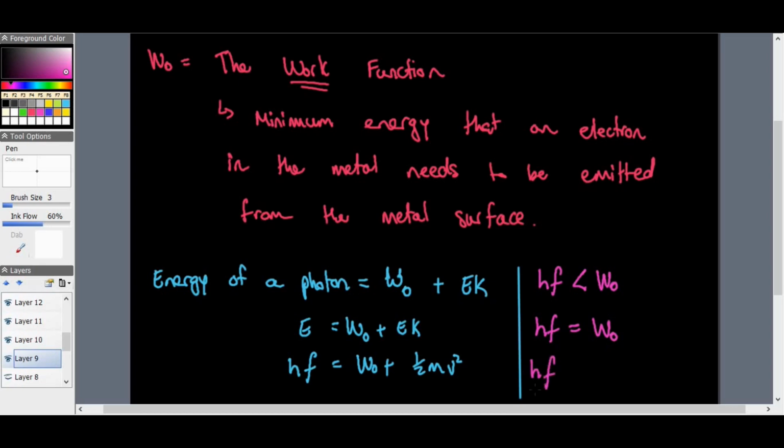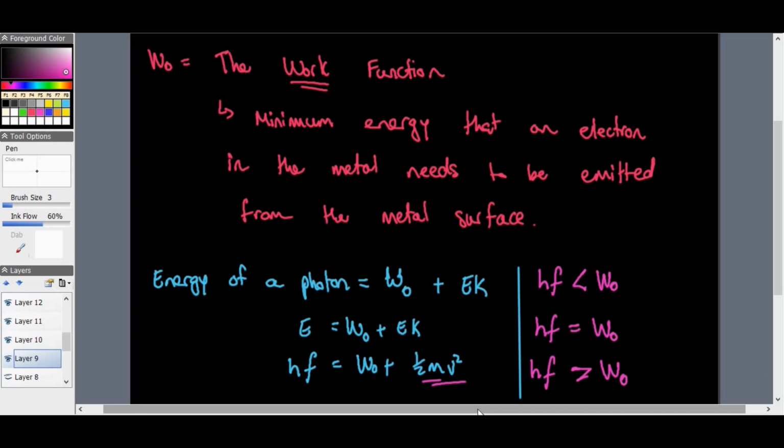But if the energy of a photon is greater than that of the work function, the energy that is transferred to the electron is more than what is necessary. The extra energy is converted to the kinetic energy with which the photoelectron will exit the surface of the metal. That's why we have this formula, that if this is the case, we have some extra kinetic energy in the mix.